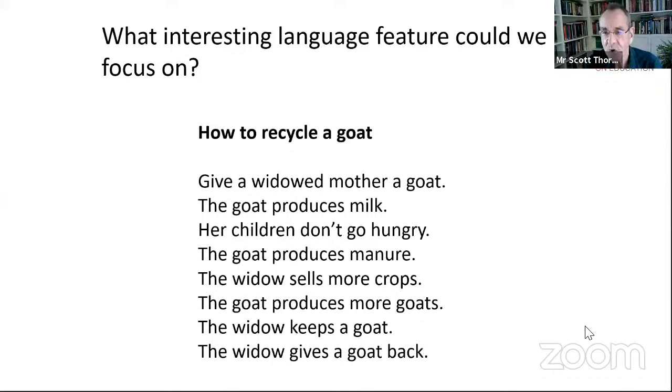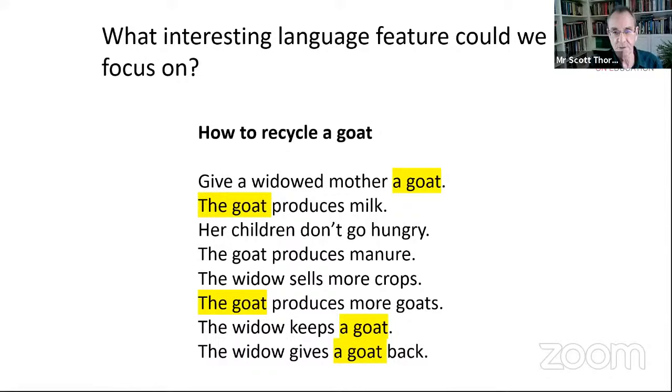There's something much more interesting here than the present simple. And you've already spotted it, some of you, and that is the articles. Look at that. A goat, the goat. The goat, a goat.